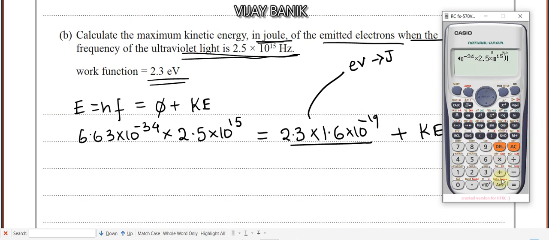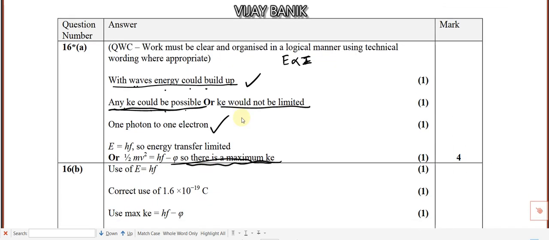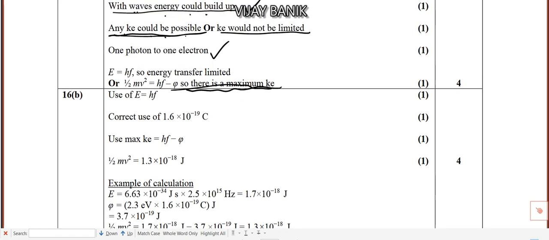The whole thing, minus 2.3 into 1.6 into 10 raised to minus 19. How much are we getting? We are getting 1.3 into 10 raised to minus 18 as our kinetic energy. Let's see, it is 1.3 into 10 raised to minus 18.